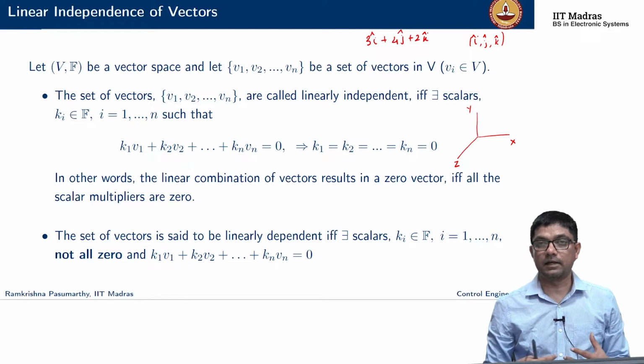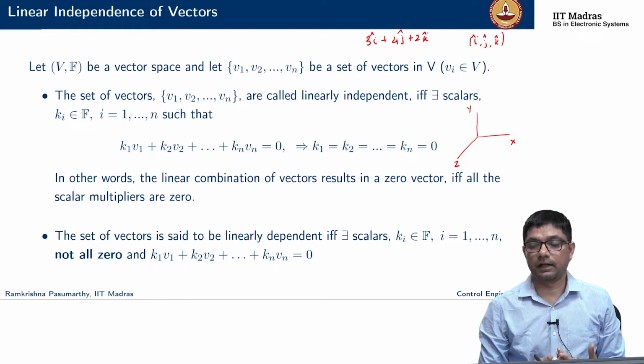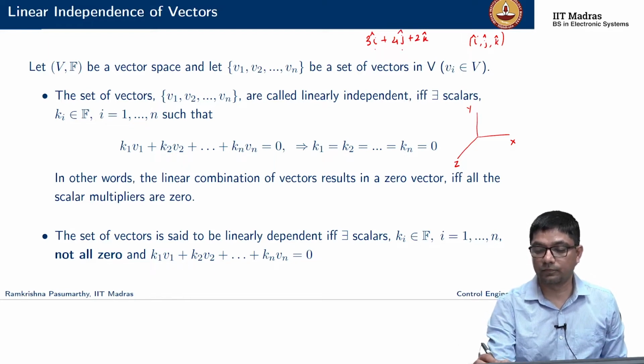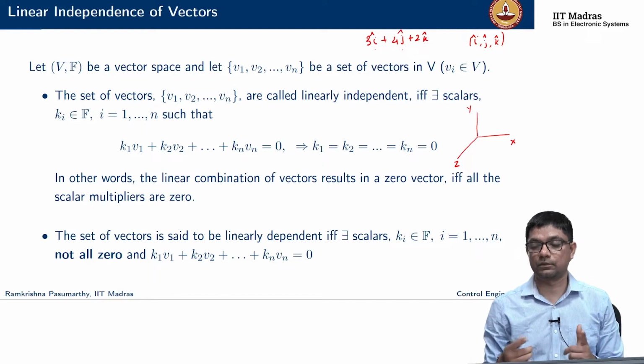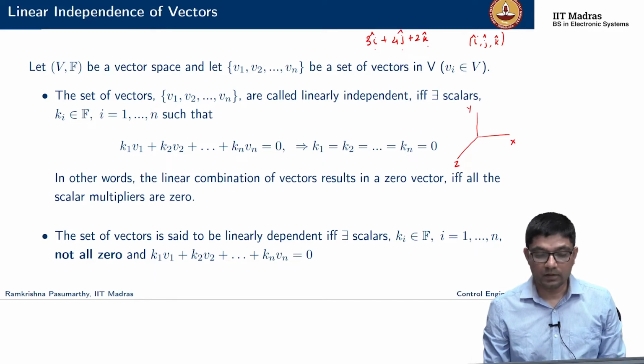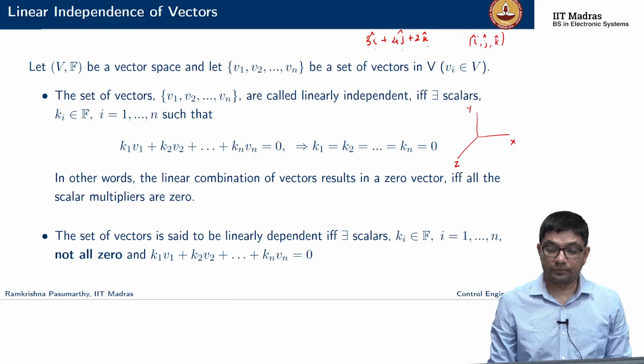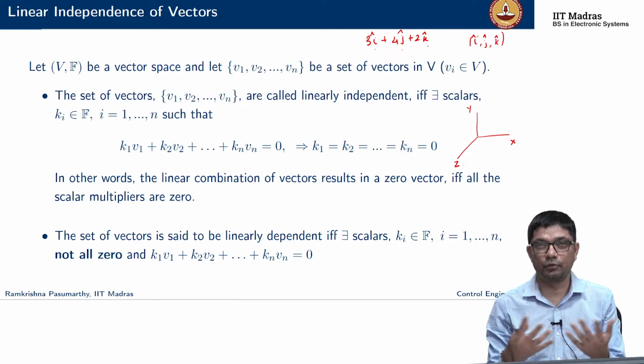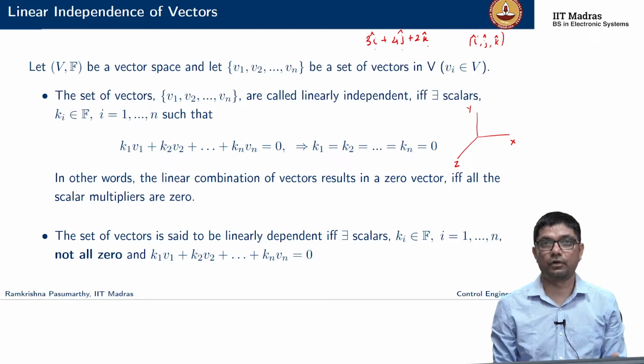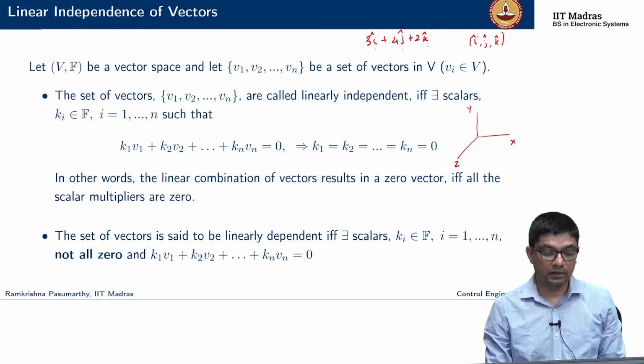Which means I can write the vector as a linear combination of the unit vectors in the x, y and z direction. Okay, so I start with a vector space. At the moment, just think of it as a collection of all vectors.